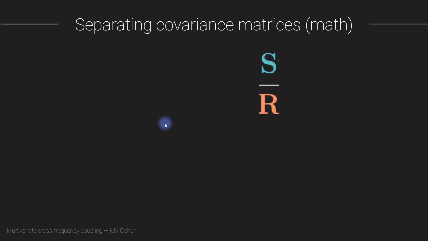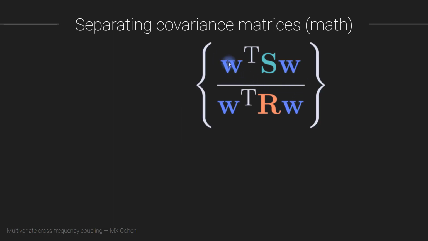So now I'm going to walk you through a little bit of the math, although I'm skipping a lot of the interim details. So we want something that's kind of like this. We want to compute the ratio between the S covariance matrix and the R covariance matrix. Now, division is not really defined for matrices. So what we actually want is to find some vector.